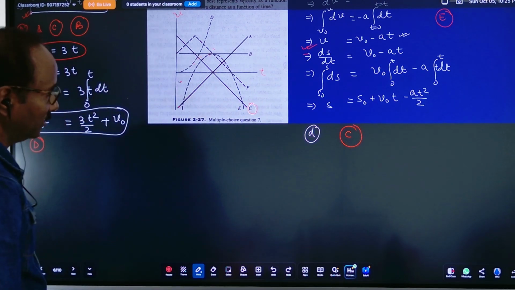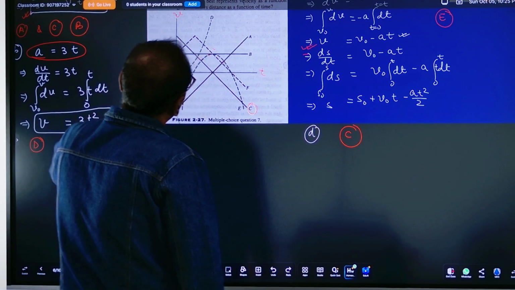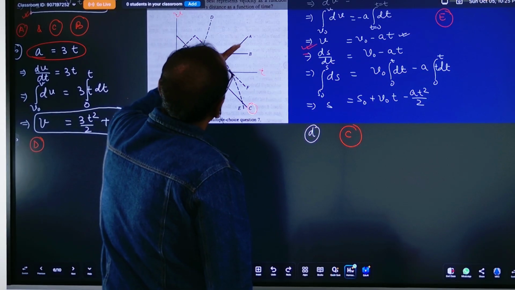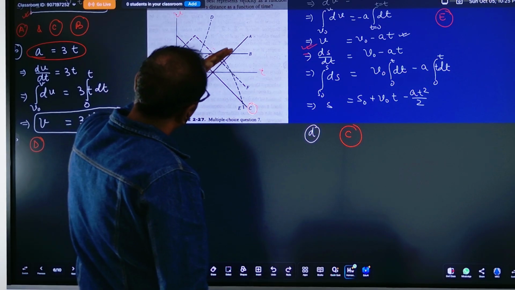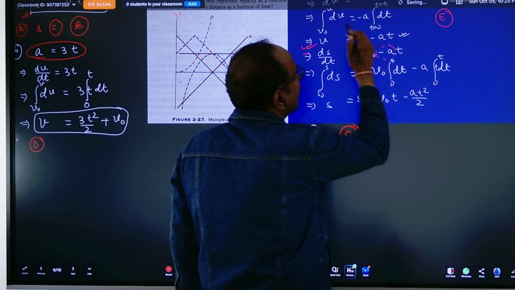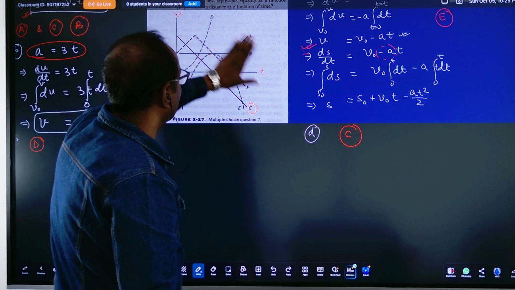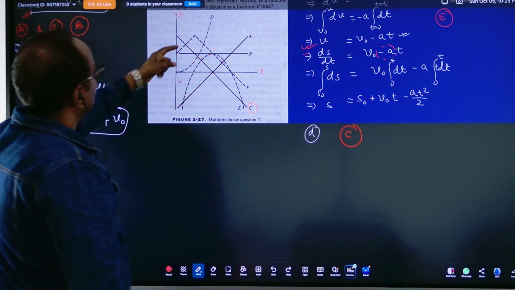If you want to examine others, here if you see your V is continuously increasing and is having a positive slope, but this equation is having the negative slope, minus A. So A cannot be the answer.